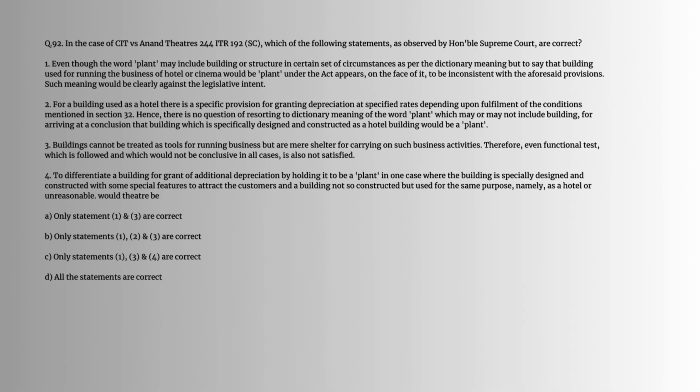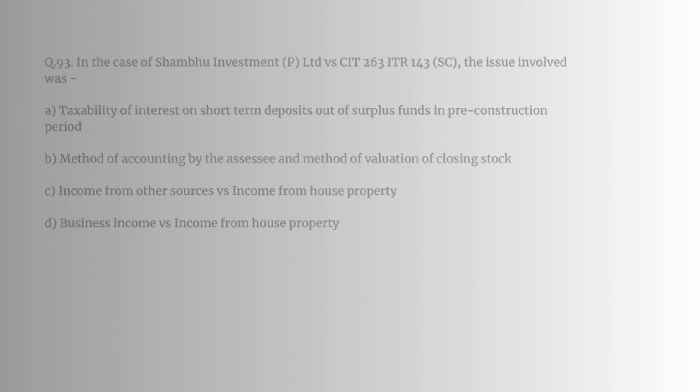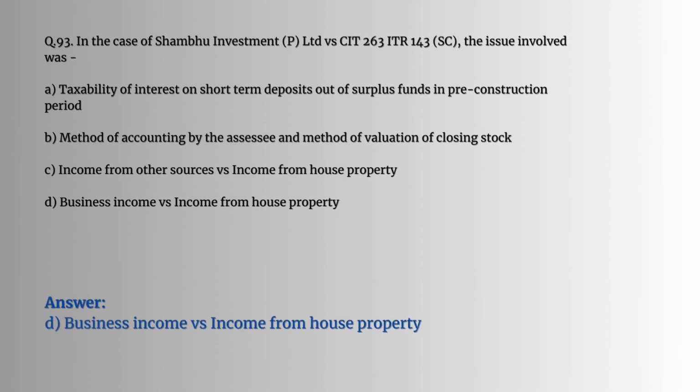Question number 92. In the case of CIT with Anand Thetas, which of the following statements, as observed by Honorable Supreme Court, are correct? So the answer would be D. All the statements are correct. Question number 93. In the case of Shambhu Investment with CIT 263, the issue involved was D. Business income with income from house property.